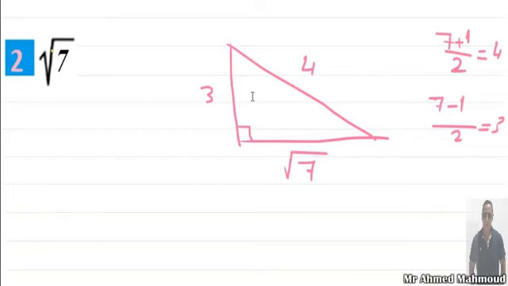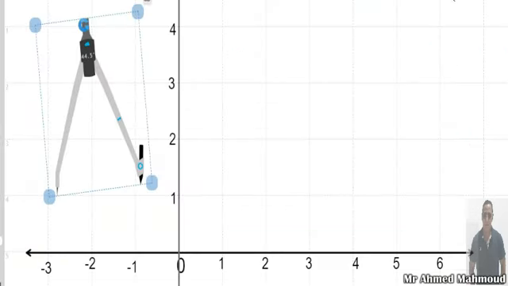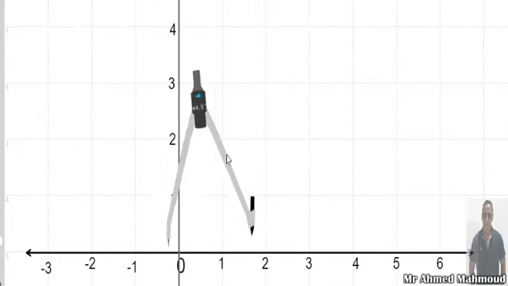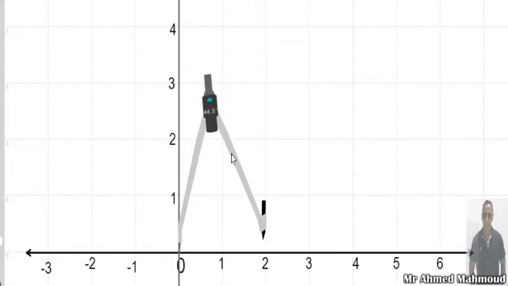Okay, let's solve this one. Now I need to draw the triangle. Its height equals 3 and its hypotenuse equals 4. How? First I will open the compass to the hypotenuse, 4 units, like this.